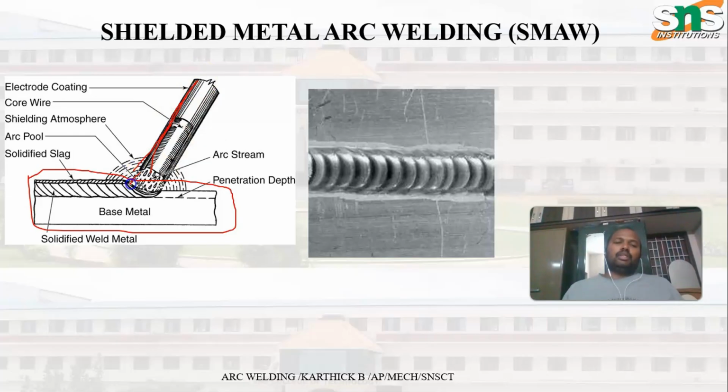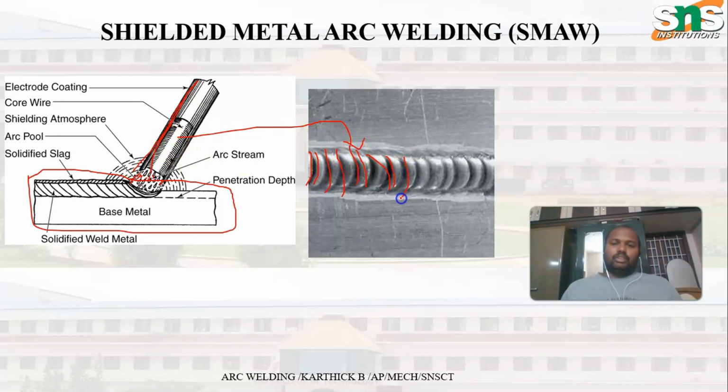Upon welding, this particular electrode is melted and deposited over here, so that the beading comes into the picture. These beadings are nothing but the electrode deposits of SMAW, right?